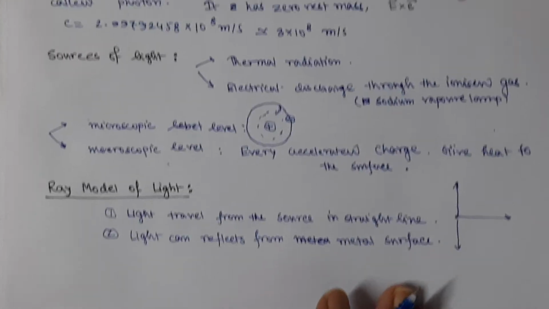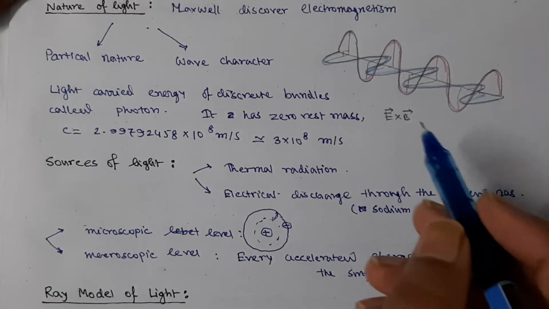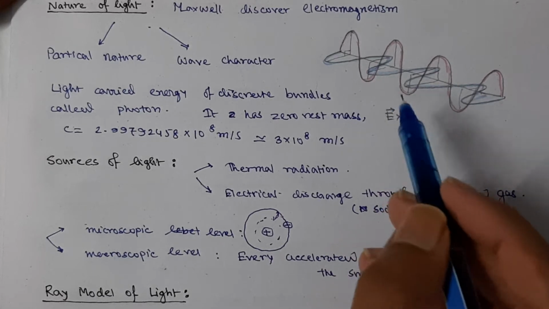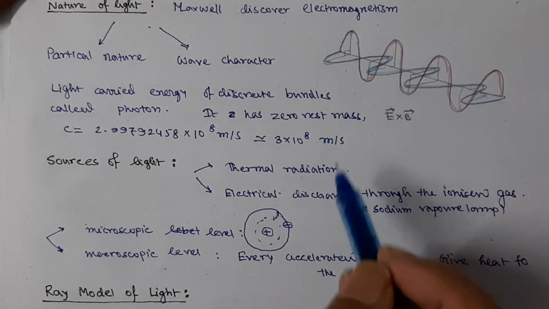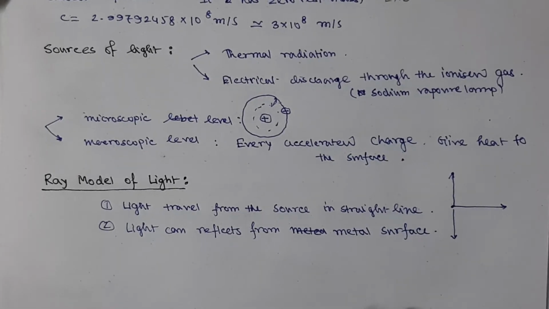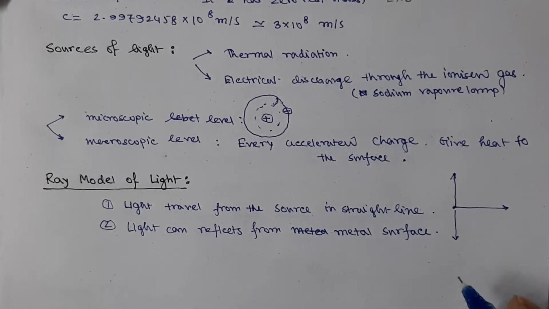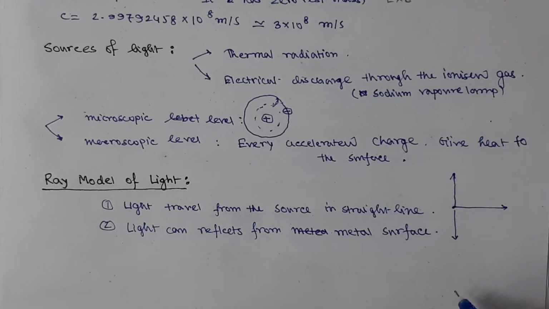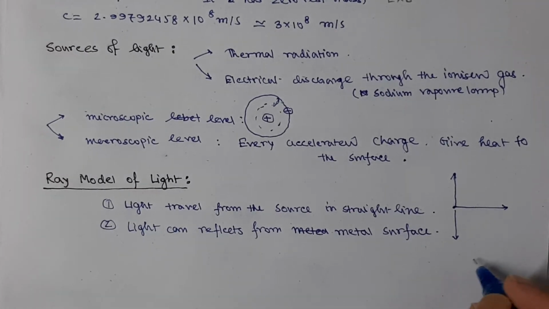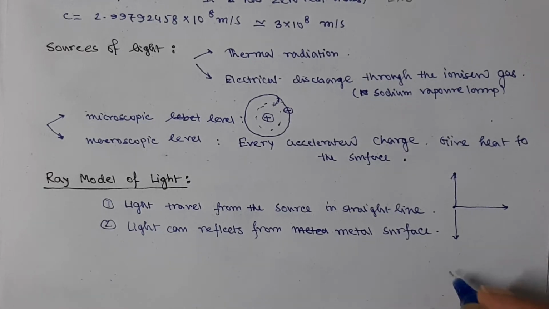In the beginning we saw that light has two components, electric field and magnetic field. A metal surface is a perfect conductor, which means it can produce an electric field that spreads through the conductor.